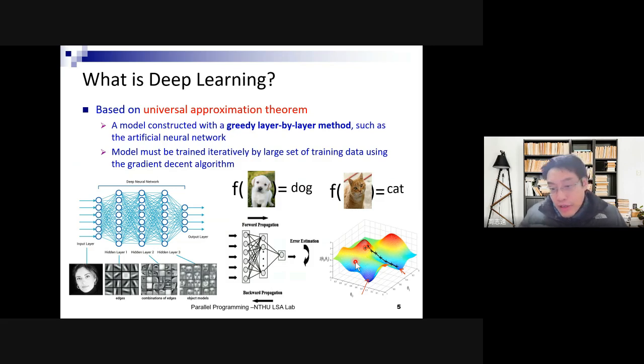Also, deep learning is a universal approximator. According to the universal approximation theorem, with a neural network you can construct a network that accurately represents any function in the world. When we say AI, it's basically like a function: we throw in an image, and in return it tells us what the image is.